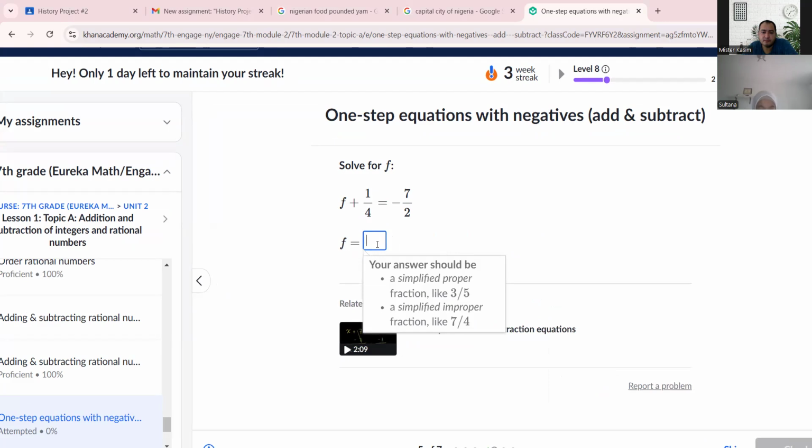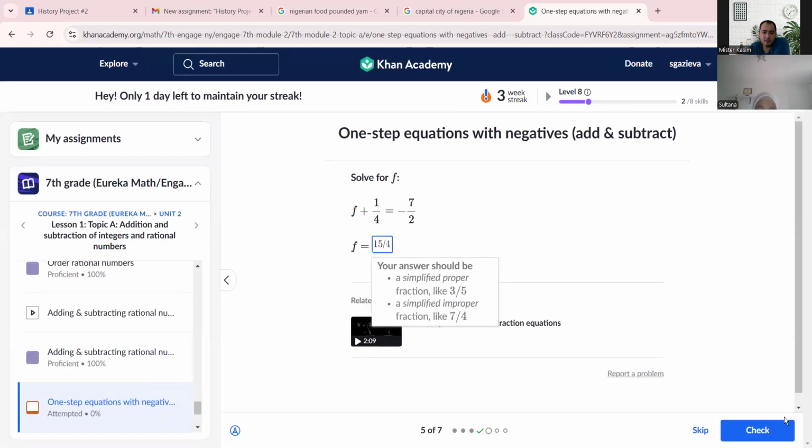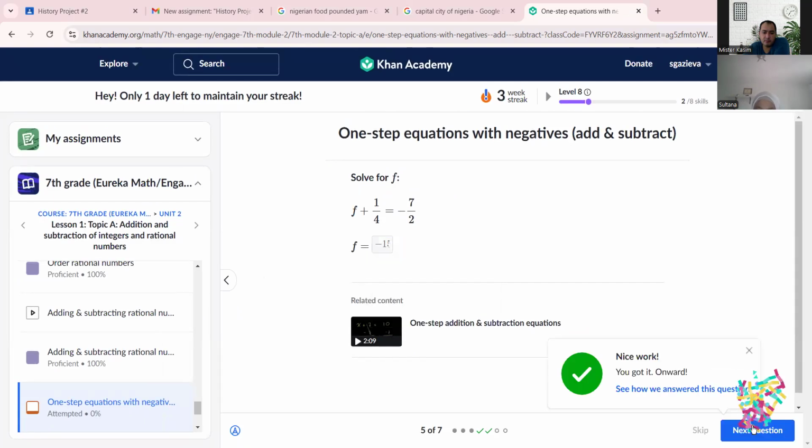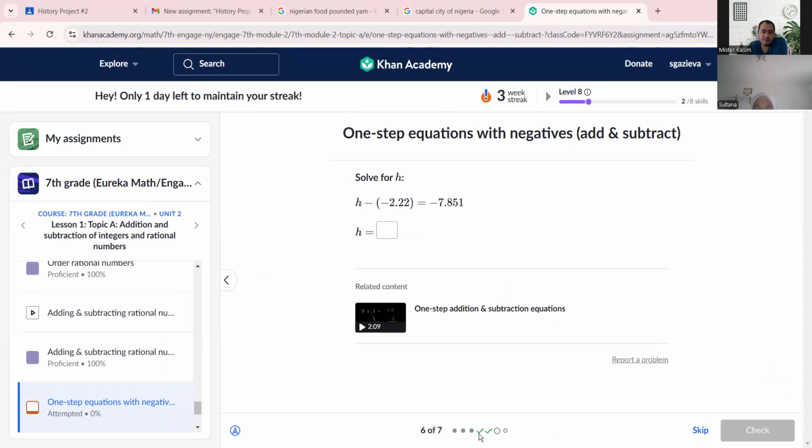The common denominator is 4, so it is negative 14 minus 1, which is negative 15 over 4. You see, the idea is the same.